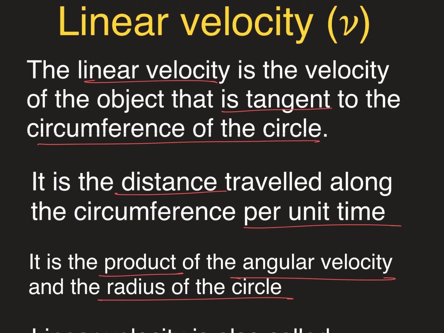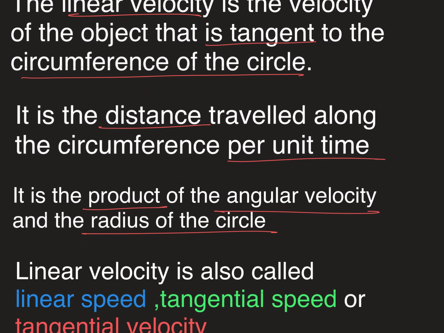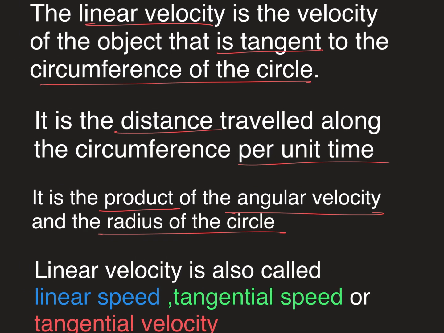So let's try to master these definitions very well. It says it is the distance traveled along the circumference per unit time. That is the linear velocity. So it means you can have the velocity as the distance traveled along the circumference, s, divided by time. So this is going to be a formula for linear velocity. But it also says here that the linear velocity is the product of the angular velocity and the radius.